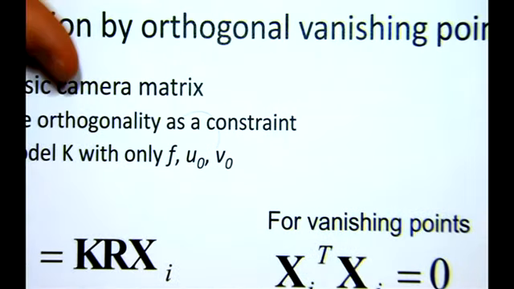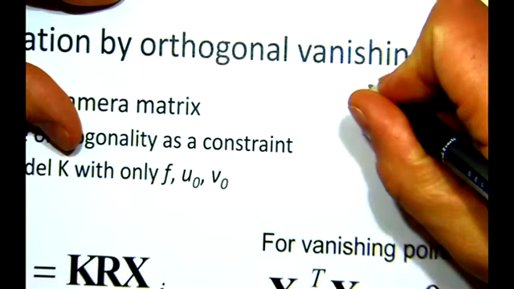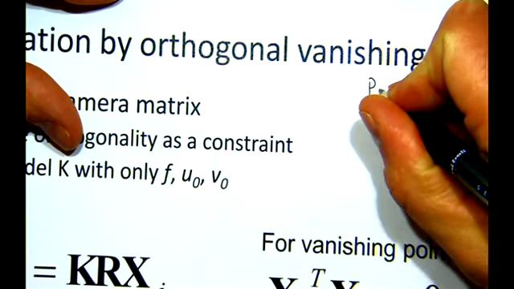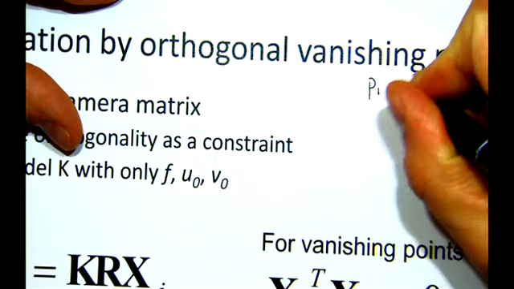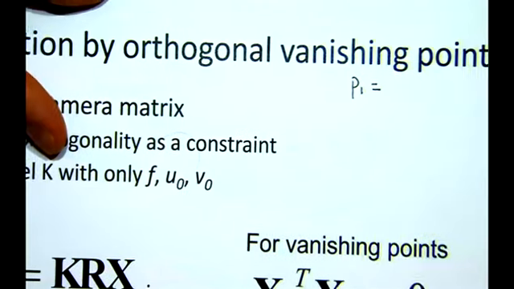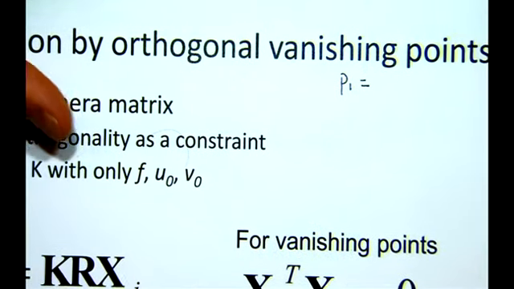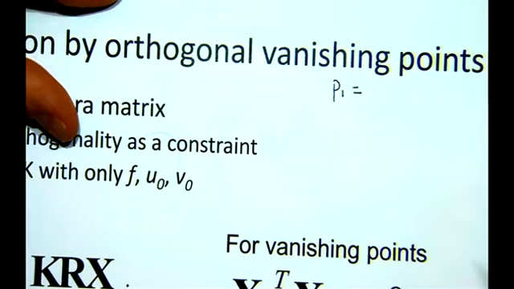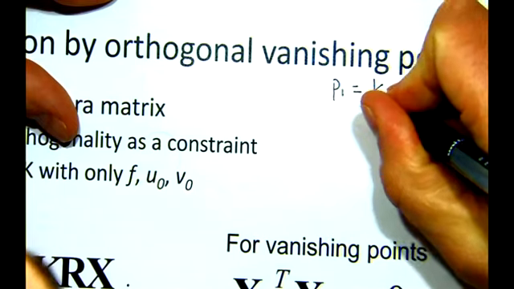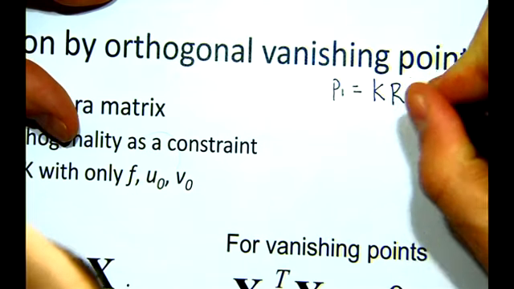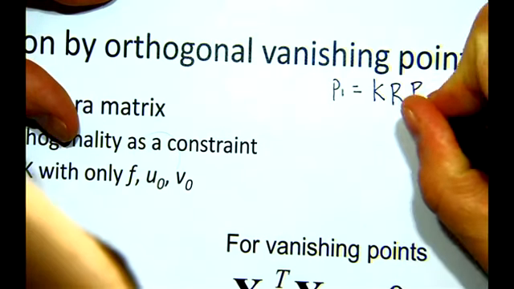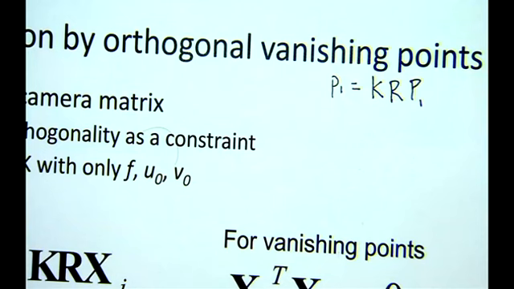We have, for example, little p1 equals K R big P1. Here, little p1 is one of the vanishing points in homogeneous coordinates, and big P1 is the 3D direction, which we don't know.